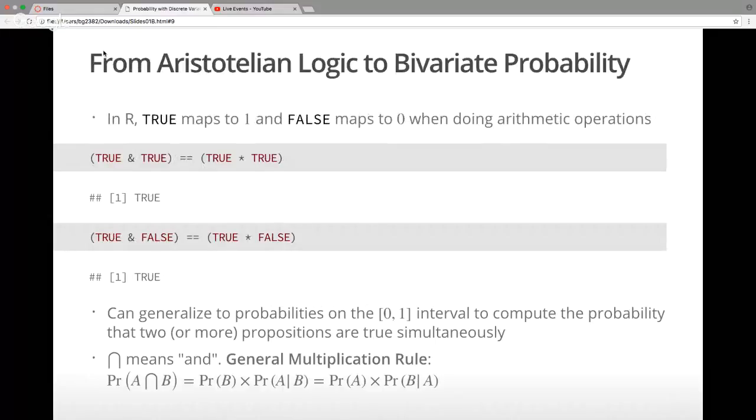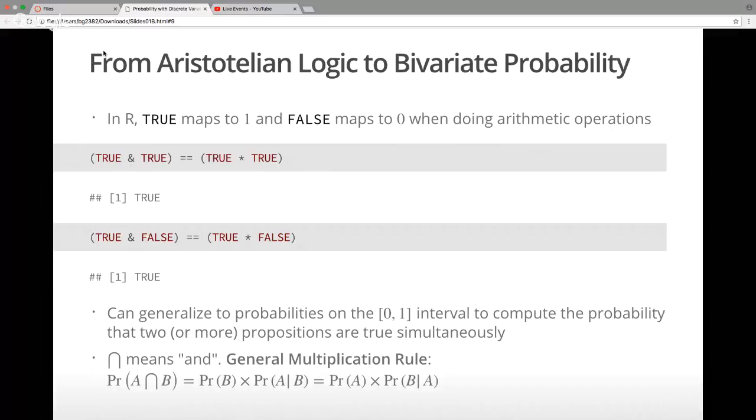So we talked a little bit on Tuesday that probability is sort of a weakening of Aristotelian logic, where things aren't just absolutely true or absolutely false. We might encounter situations in which we don't know whether a proposition is going to be true or not, but we can use probability to express our degree of belief that a proposition is true.